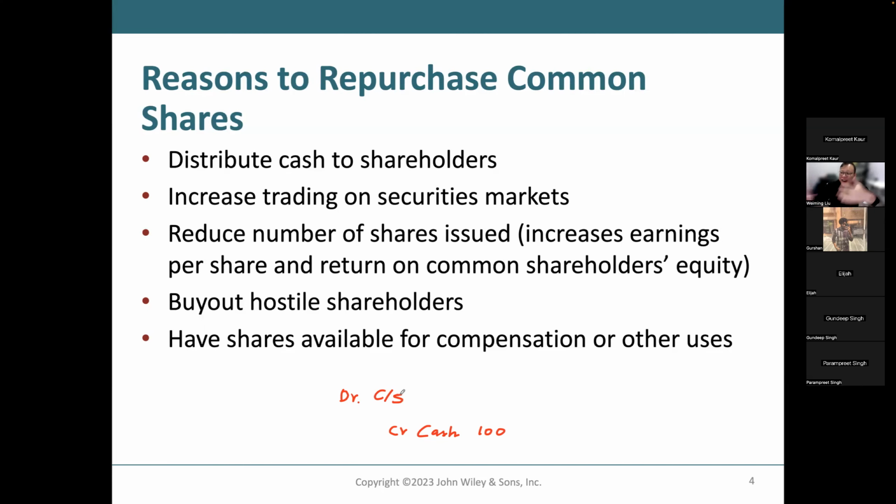And now you retire these shares, your common shares decrease. So decrease is the opposite. So you have a debit. So basically, this entry will be exactly the opposite of the last one, okay? If it's not very clear, don't worry about it. We're gonna exercise more on this, okay?